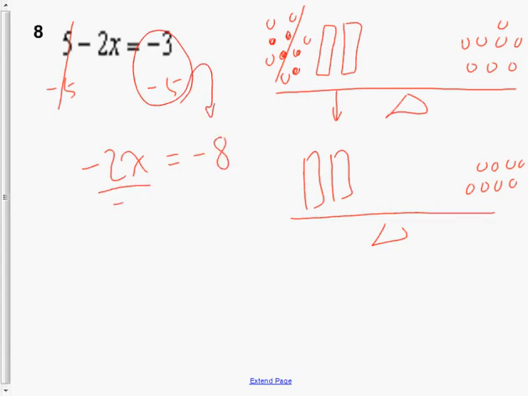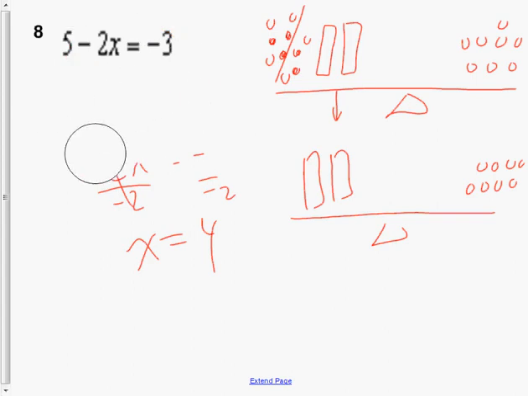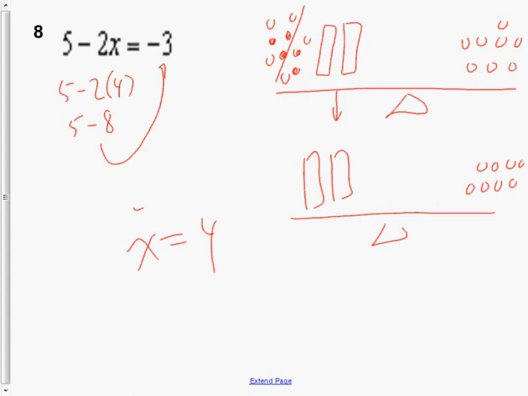And now divide both sides by -2. And I find out that the value of x is equal to a +4. If I wanted to check my answer, I can go back into the original equation and substitute 4 for my x. 5 minus 2 times 4 is 5 minus 8, and 5 minus 8 is -3.